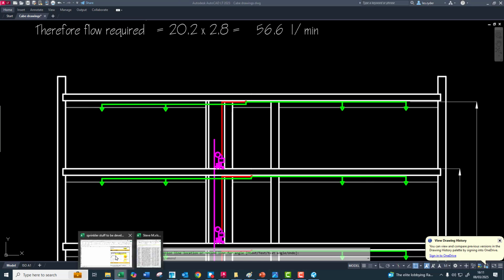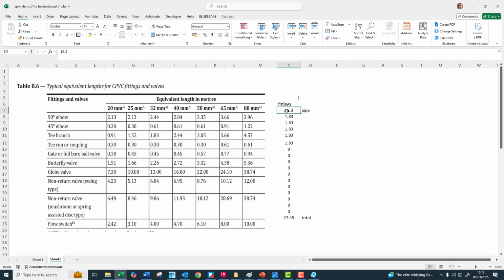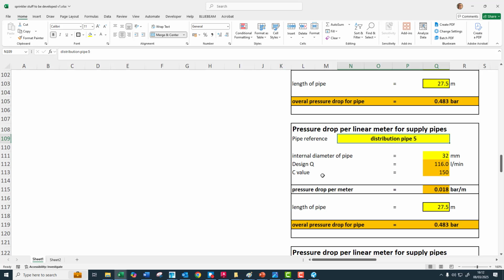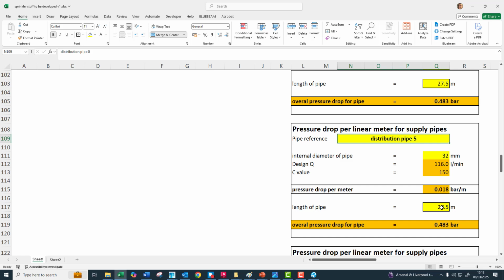So let's get on to that. 1.5 and an elbow. We're on 32, aren't we? So that's 2.44. That gives us 4 meters.